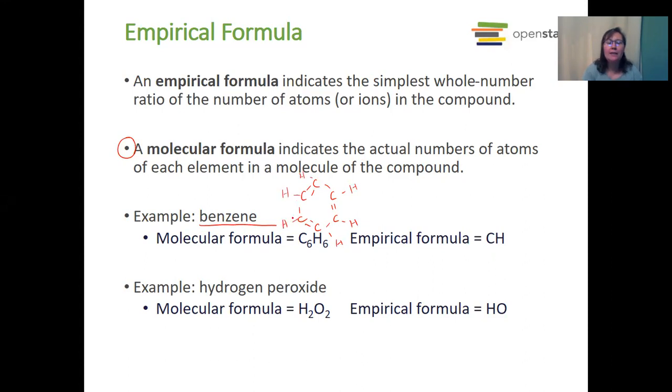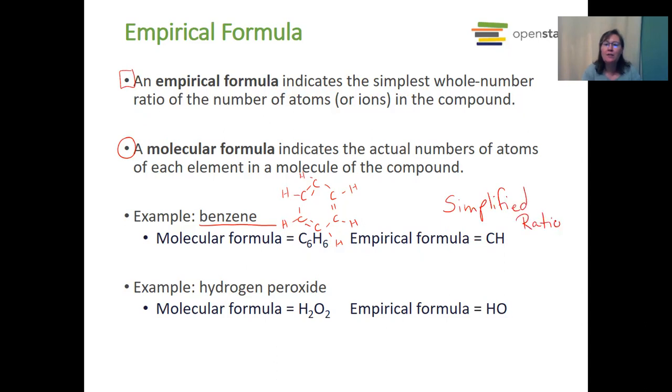Now, if we put some benzene through a mass spectrometer, or just look at things, what we find is that we have an empirical formula, which indicates the simplest whole number ratio of the numbers of atoms or ions. The empirical formula is a simplified ratio.